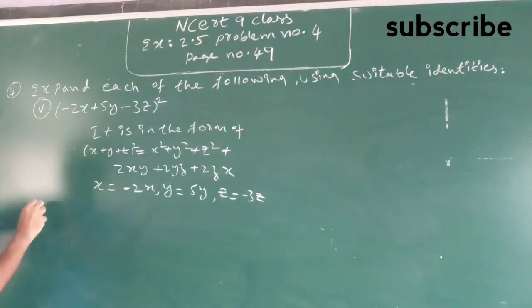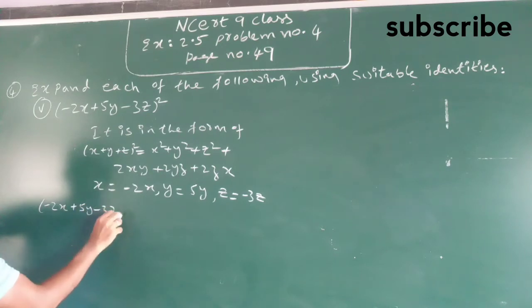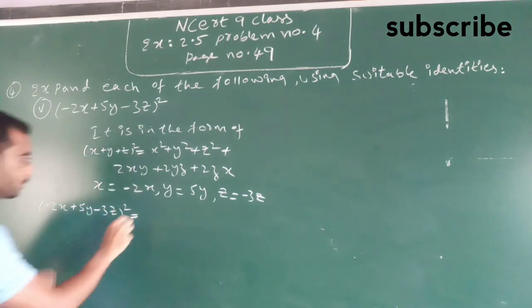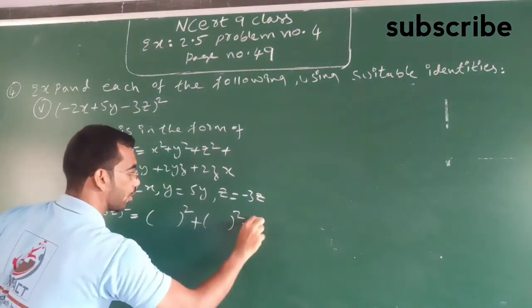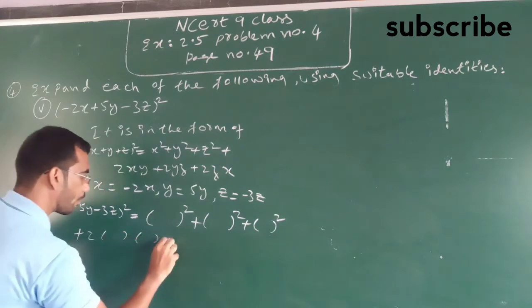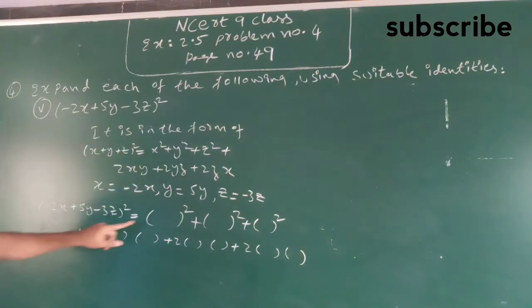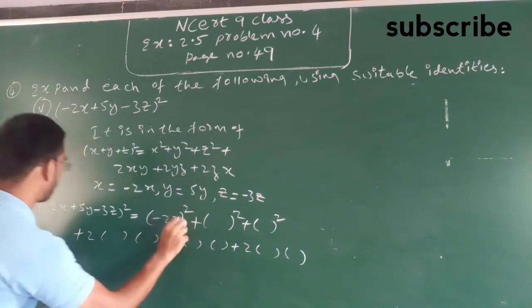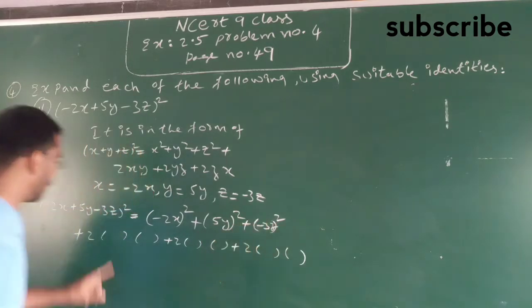The formula: now minus 2x plus 5y minus 3z whole square is equal to minus 2x, 5y, minus 3z.